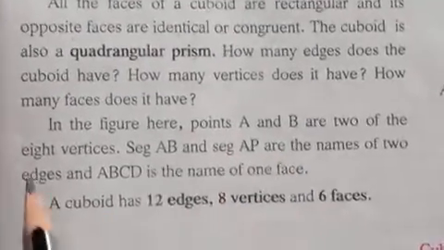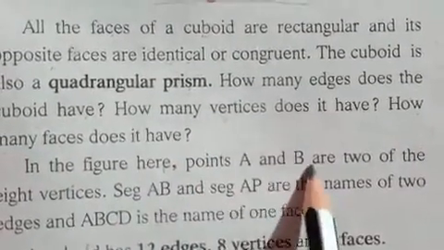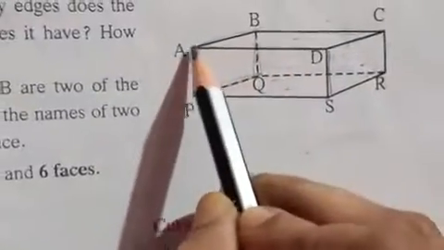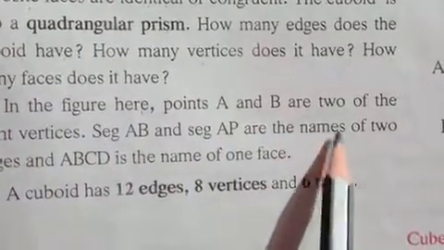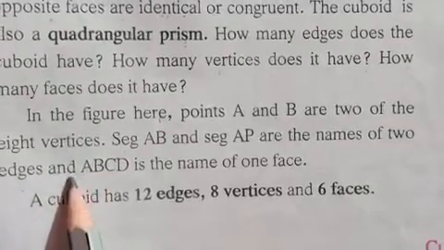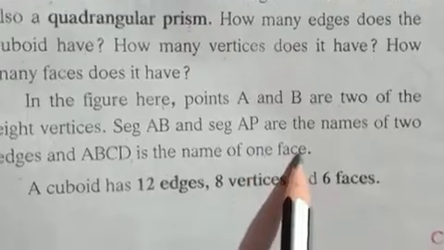6 faces. Okay. In the figure here, points A and B are 2 of the 8 vertices. Segment AB and segment AP are the names of two edges. And ABCD is the name of one face.